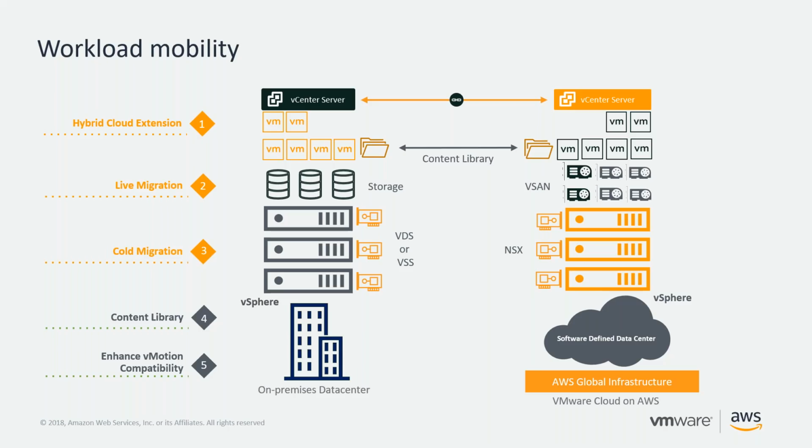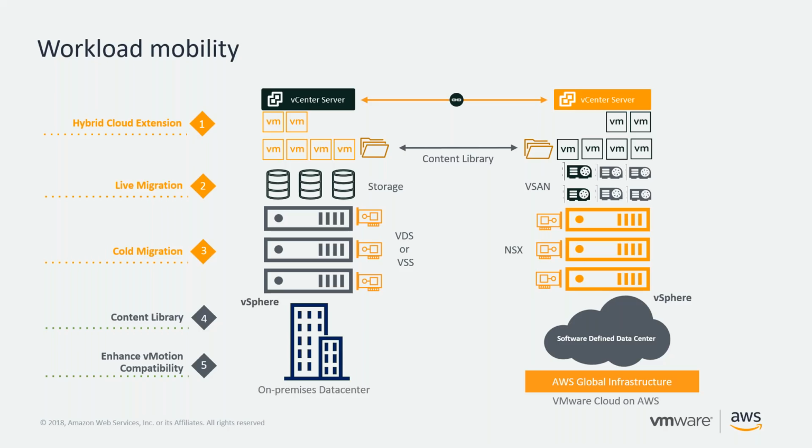Being able to leverage something like Content Library allows you to create one content library that is a publisher, most likely from your on-prem environment, that includes all of your templates and scripts and ISOs. And you can publish that out to other vCenter servers. In this case, you can publish this out to your vCenter server in VMware Cloud on AWS and start syncing all of your gold builds to the cloud that are ready for consumption very, very quickly. So not only is this workload mobility, but it's also time to value.